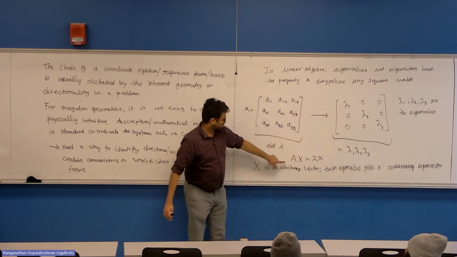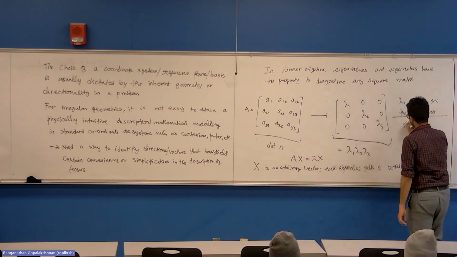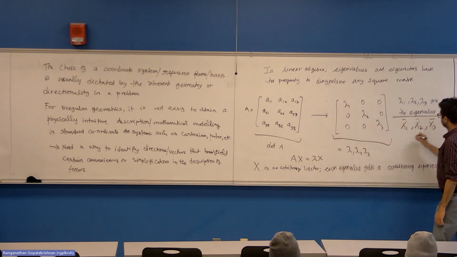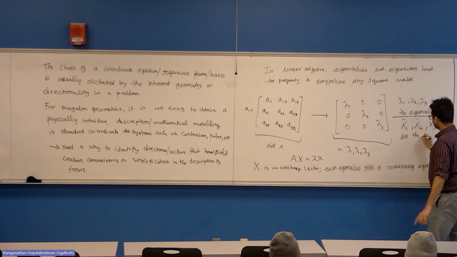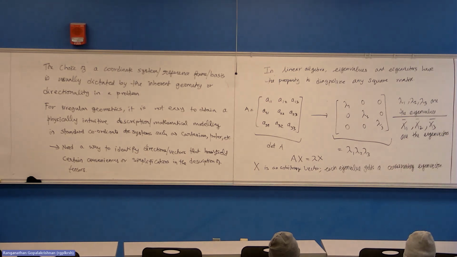And these three directions, which we call x1, x2, x3, I'll give you time, don't worry, are the eigenvectors. These three directions are mutually orthogonal, which means they are independent directions, and they can be used to define a basis or a coordinate system that is natural for that quantity or tensor or shape.